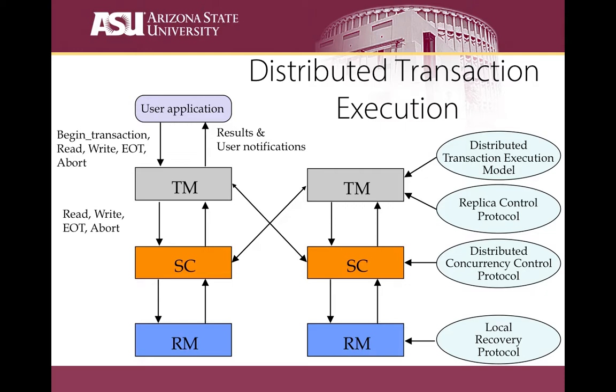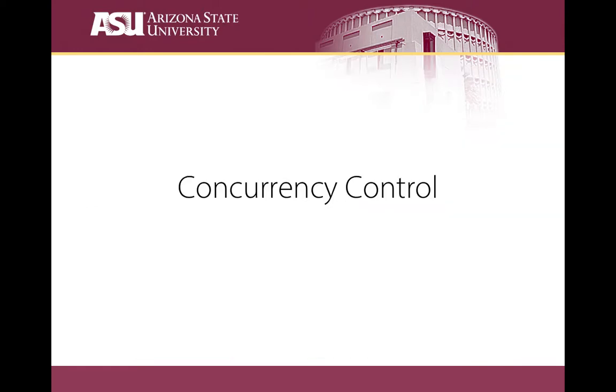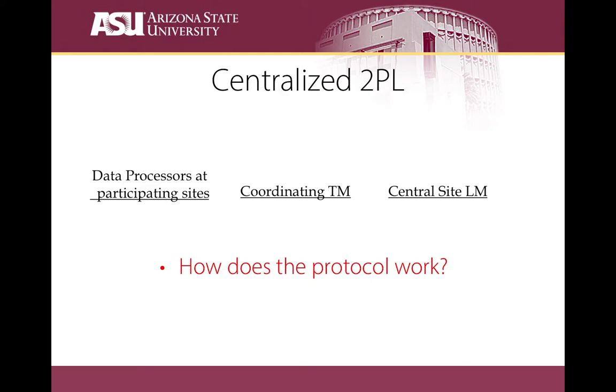So usually you have mainly three players when it comes to a distributed database system and transaction management. First off, you have the sites where the data is. Each of these sites has its own execution engine that processes the data, and processing data means reading or writing the data.